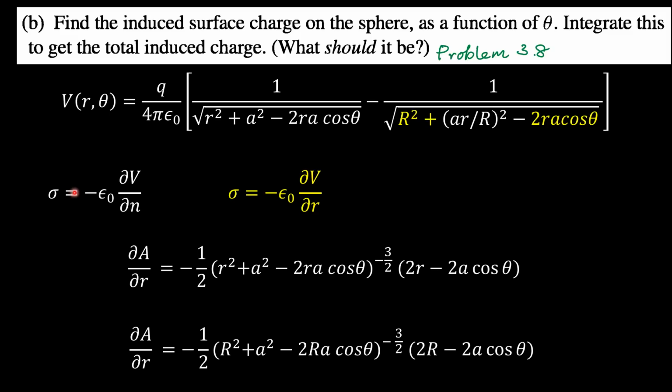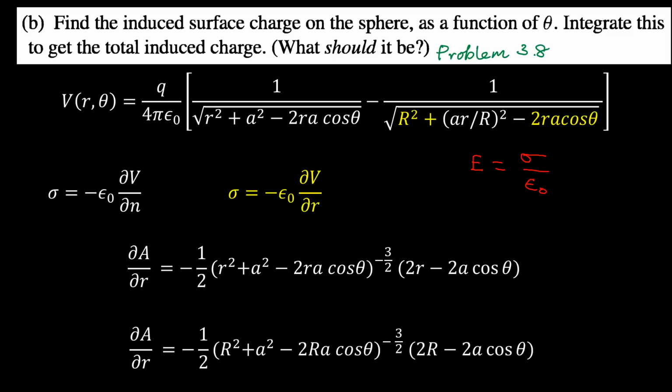Now what is sigma? Sigma is equal to minus epsilon naught dV over dn, where n is the normal direction. If the direction is R, then sigma can be written as minus epsilon naught dV over dR. This comes from Gauss's law. Gauss's law says E is equal to sigma over epsilon naught for a two-dimensional surface.